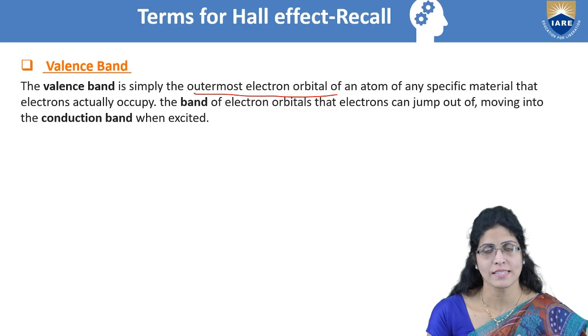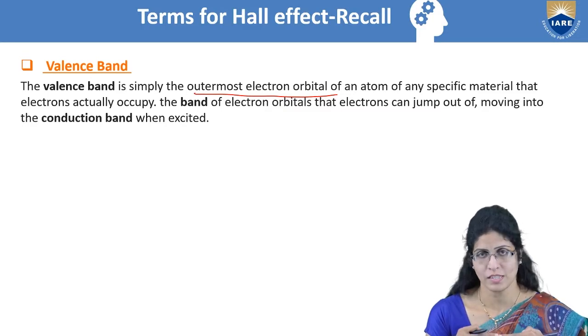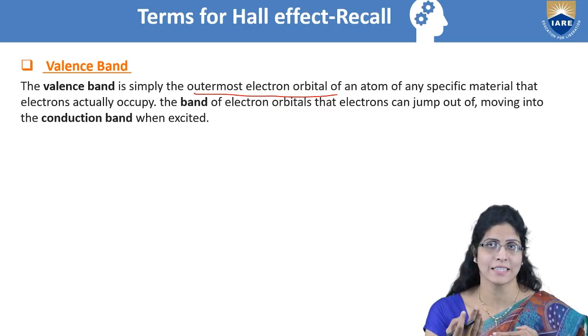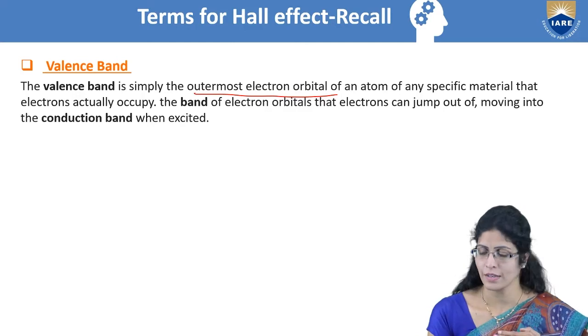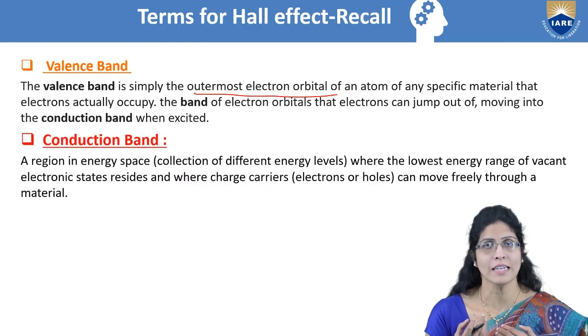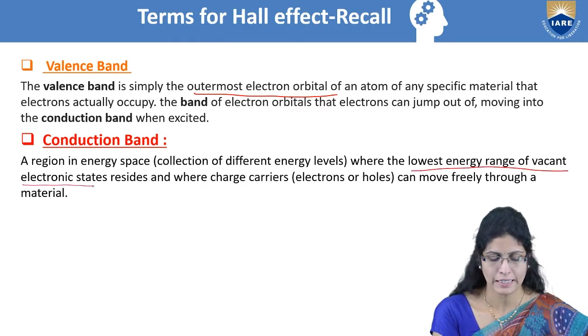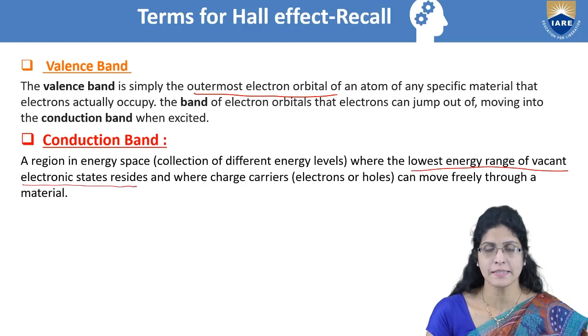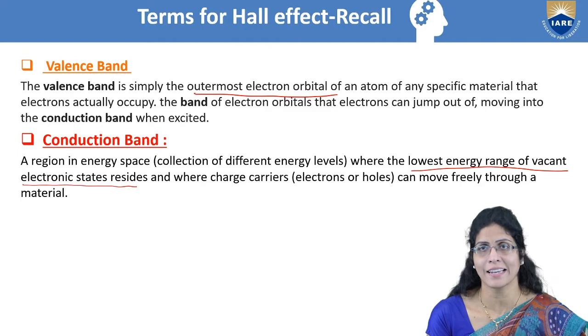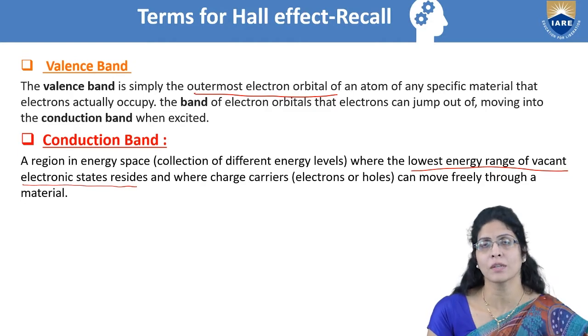Once energy is given, the electrons from this outermost level will get excited to the higher levels, where you will understand what a conduction band is. So what is a conduction band now? It holds the lowest energy levels of vacant electronic states, where, when charge is carried, electrons can move freely into the material.